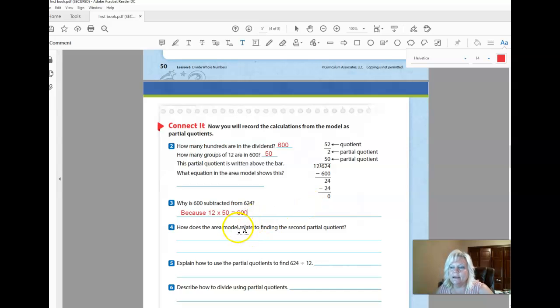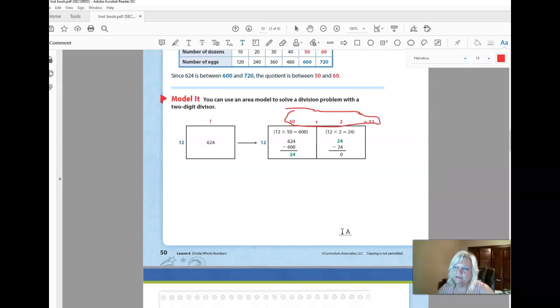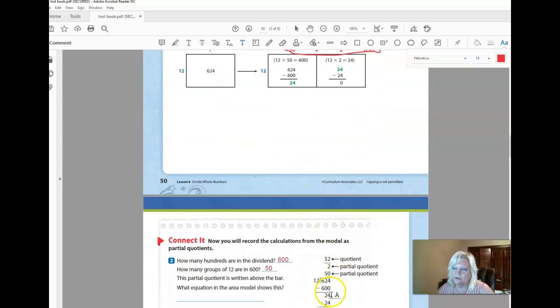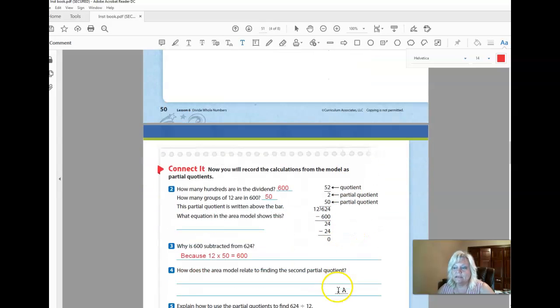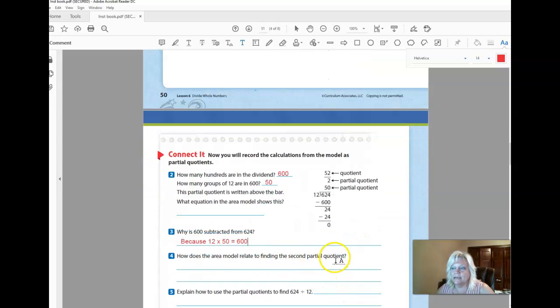How does the area model relate to finding the second part of the quotient? Well, the area model is like the second box. So this is my second box. It's saying that I have 24 left, which if I look right here, it said, oh, you have 24 left. So how is the area model like the second partial quotient? It's using the second box.